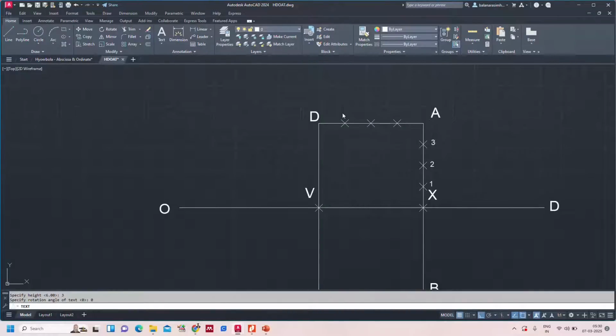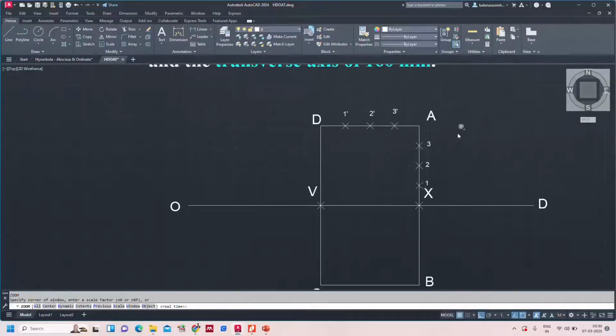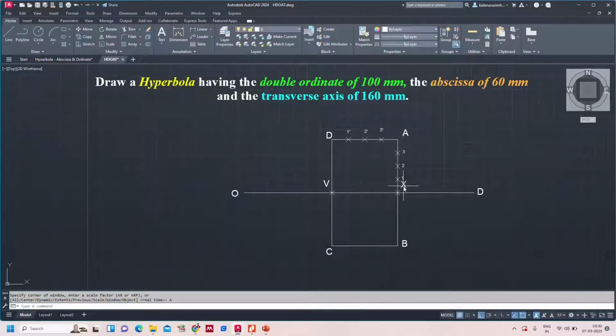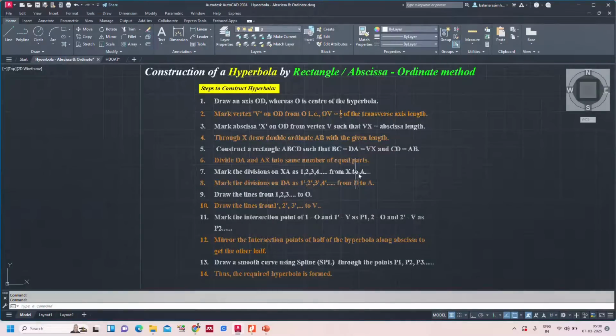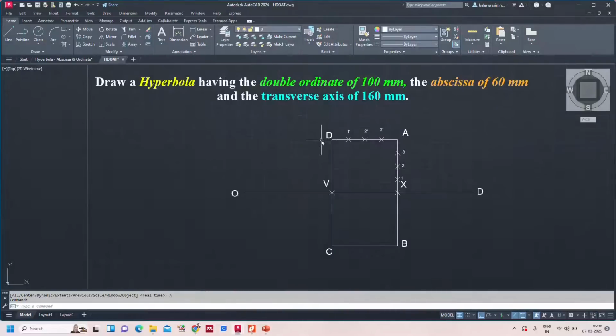And from here you can draw 1 dash, 2 dash, and then 3 dash. I need to mark the divisions on AX from X as 1, 2, 3, not in the reverse order. Mark the divisions on DA as 1 dash, 2 dash, 3 dash, 4 dash from D to A. Very nice.